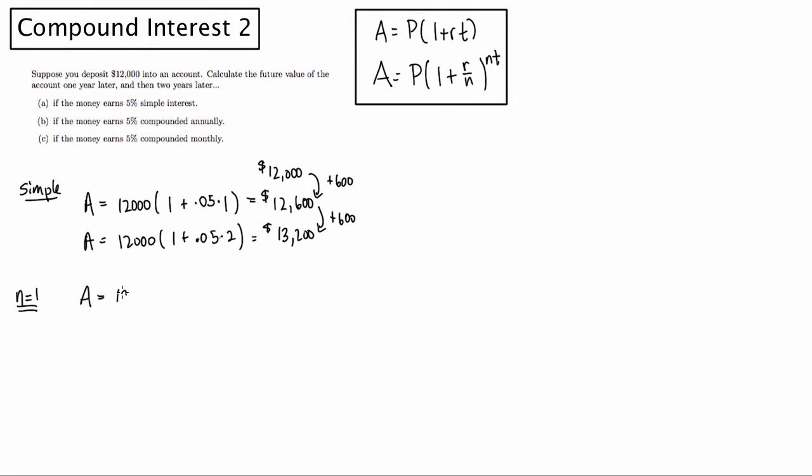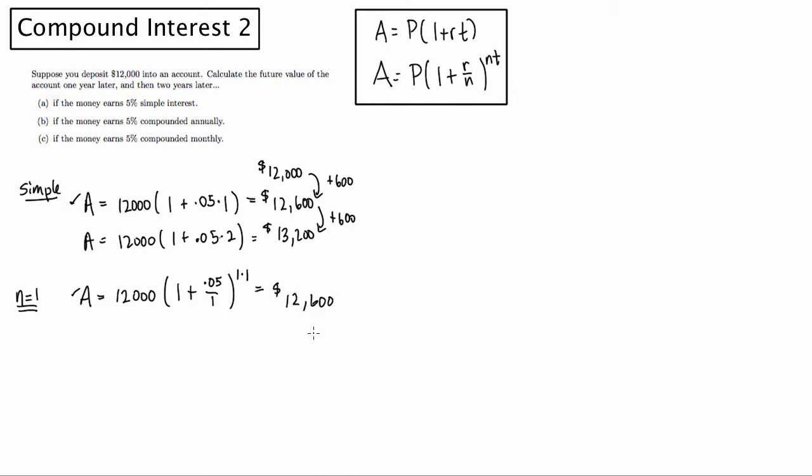For compounding annually, we've got 1 plus the rate is 0.05, the n value is 1, 1 times 1. And so what I want you to notice is, because of all the 1's in the formula, this is going to reduce to look exactly the same as the simple interest for year 1. Those two are going to be identical. And in fact, they give the exact same value.